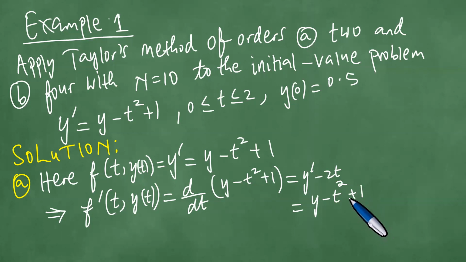Because y primed is given, you substitute here. We got y primed minus 2t, then the derivative of 1 is 0. But y primed is given, so it is y minus t squared plus 1, and then there's minus 2t.